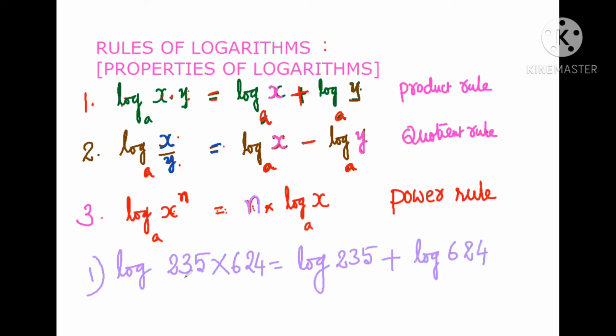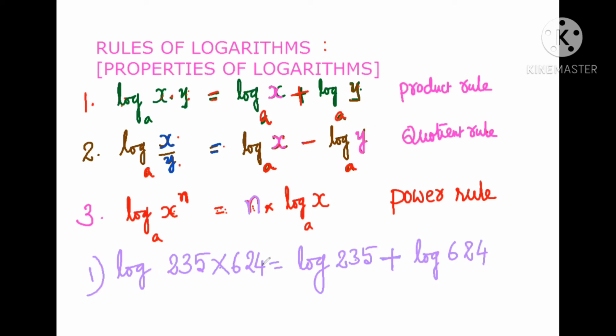If you want to find the product of these two numbers by using logarithms, we can find it easily. For that we use this formula. First one, the logarithm of the product of two numbers can be written as the sum of the individual logarithms.